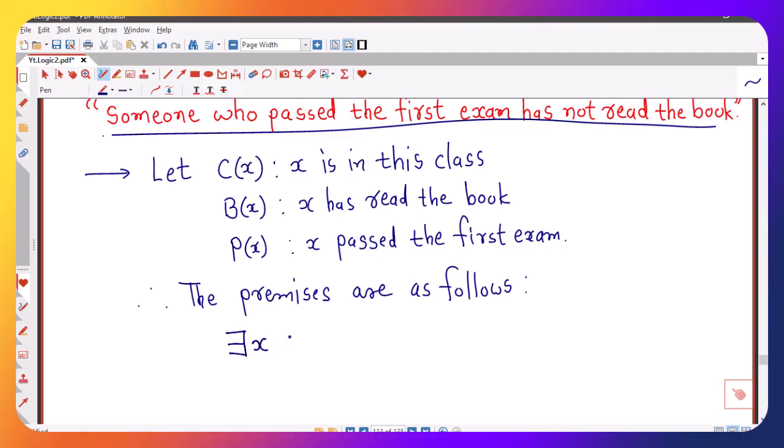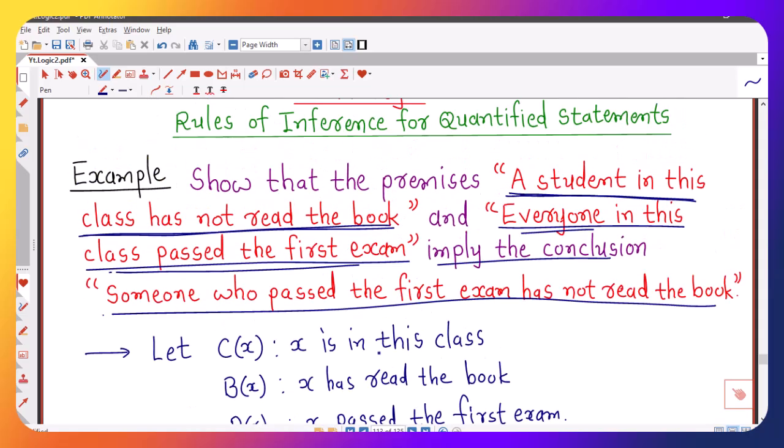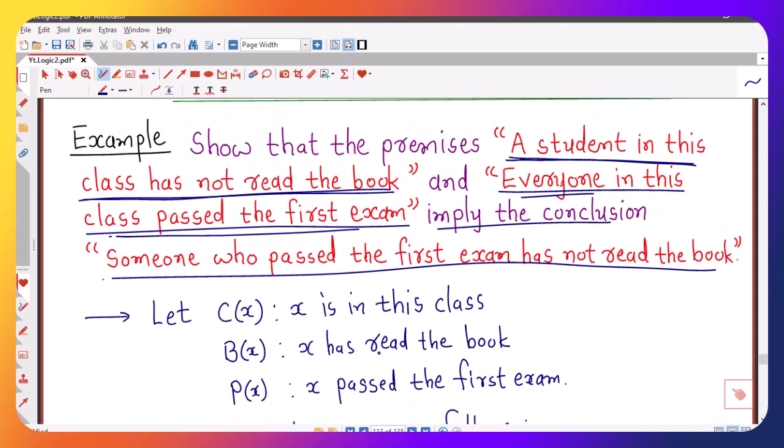There exists x such that x is in this class and x has not read the book. Or we can use this: C of x as x is a student in this class also.